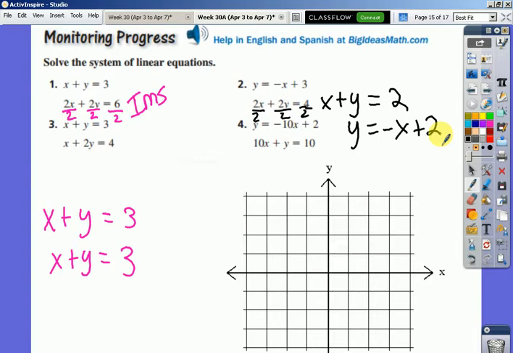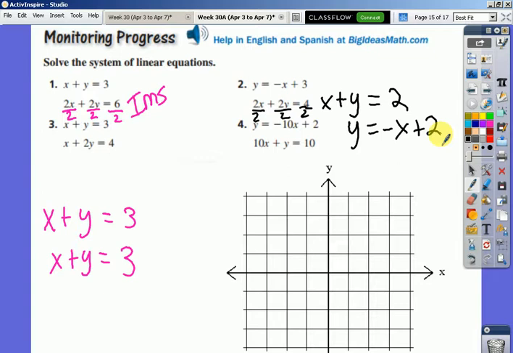What do you notice about 2 and 3? They have the same slope. If you subtract x, y is equal to negative x plus 2. So what in that is the same? If you add x to both sides, then the equation becomes the same.